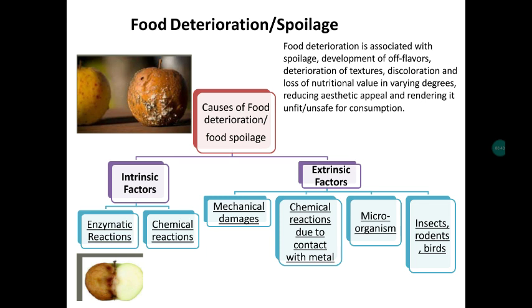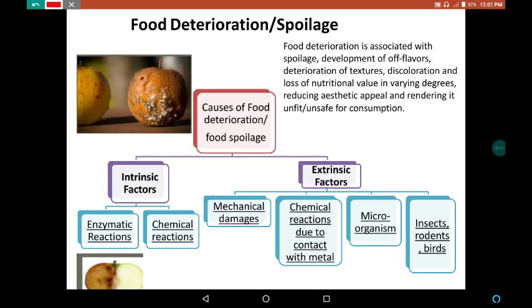Food deterioration is associated with spoilage, development of off flavors, deterioration of textures, discoloration and loss of nutritional value in varying degree, reducing the aesthetic appeal and rendering it unfit, unsafe for consumption. Spoiled food is not good for consumption.